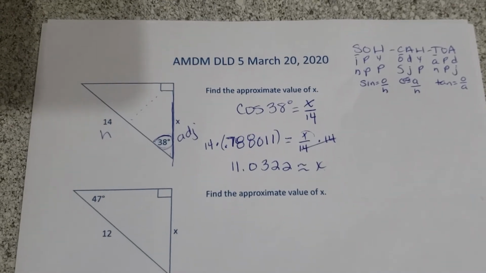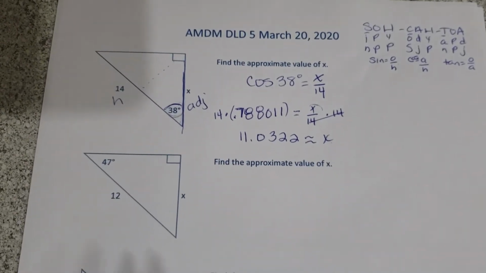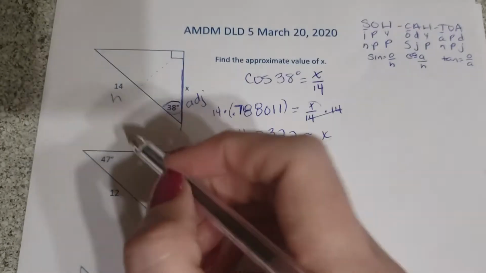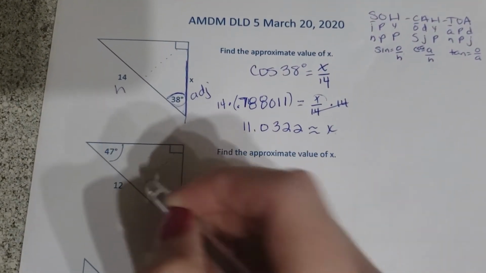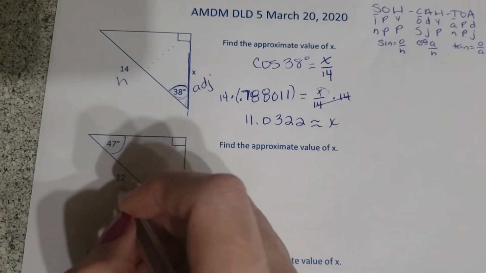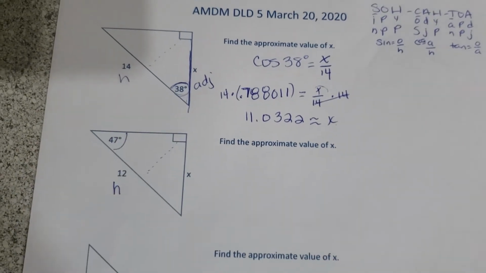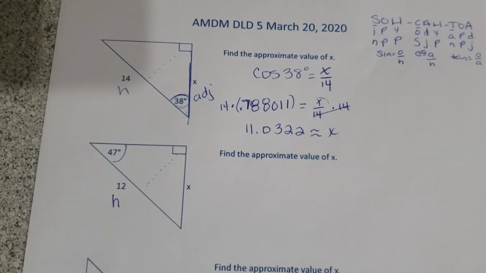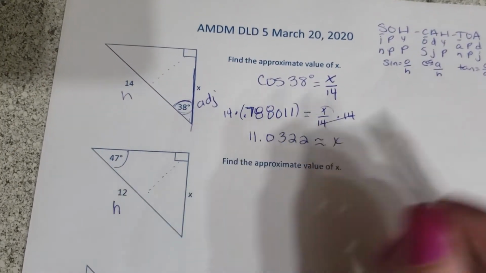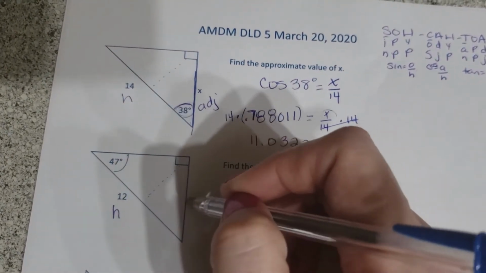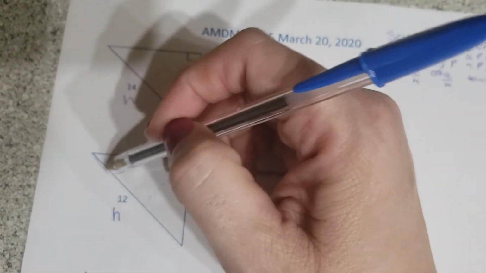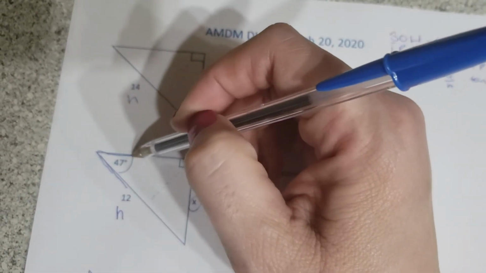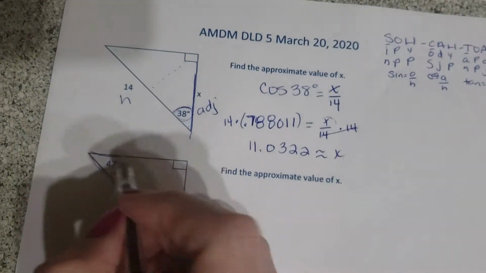Okay, so now we're going to do the same thing down here. Here's my angle. I have my side that's opposite from the right angle. So this is my hypotenuse, always, always across from the right angle. But this time, the side that I'm missing is not part of my 47-degree angle.